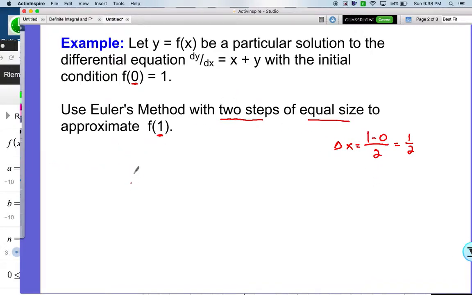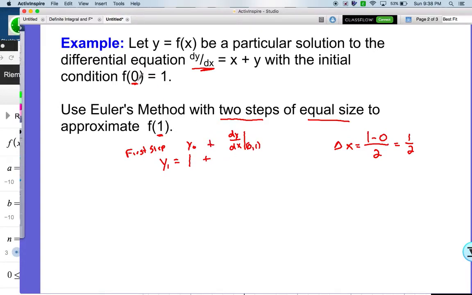All right, so here's how I would work it out. I'd have y sub 1. This is the first step. It would be my y sub 0. So what is the y value at 0? It's 1. That's my y sub 0. Plus my dy/dx, so that's my slope, my dy/dx at the point (0, 1).